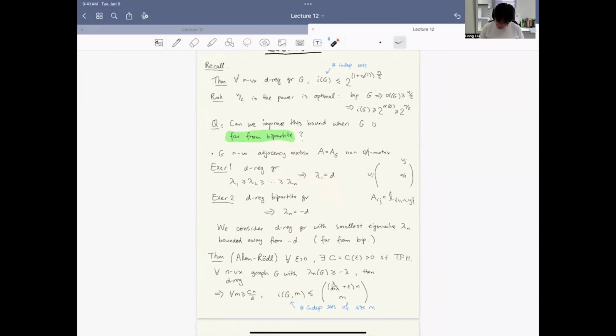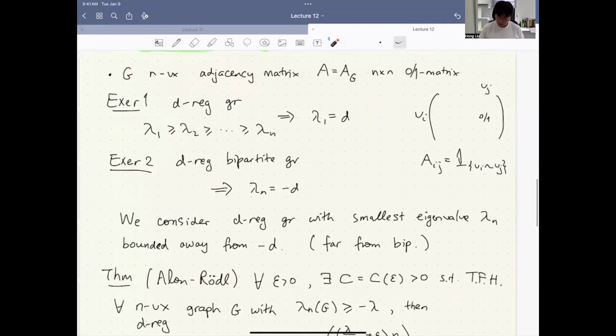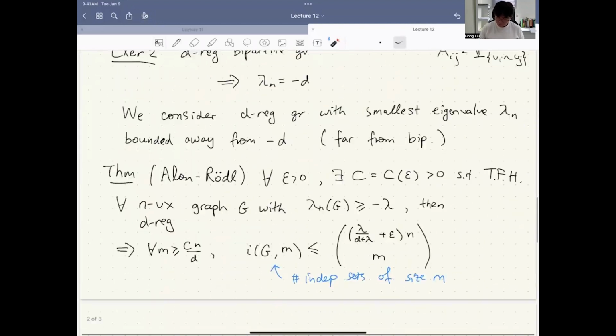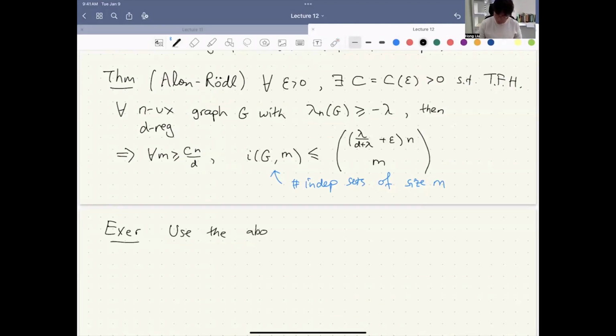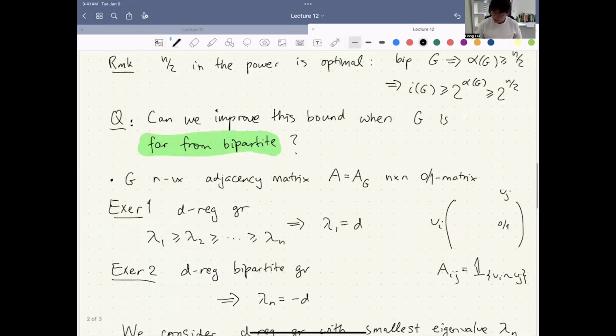So just use the fact that λ is at most d, plug in here, and you can derive this one. So I will leave it as an exercise. Use the above theorem to derive the earlier bound.